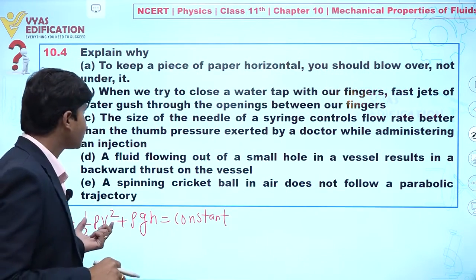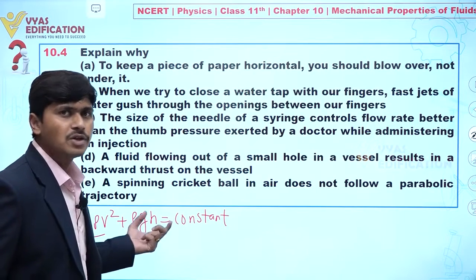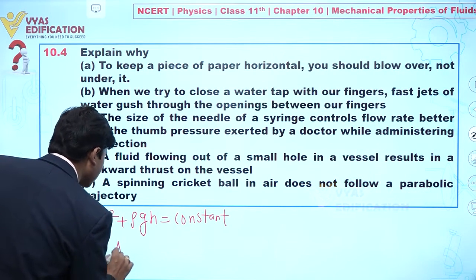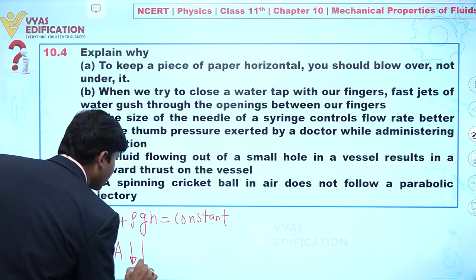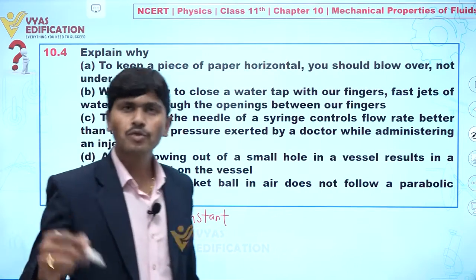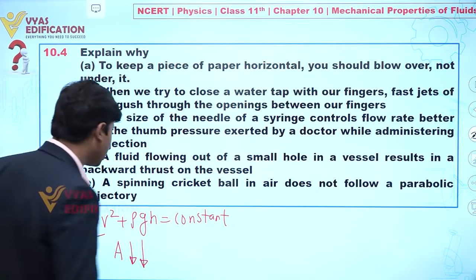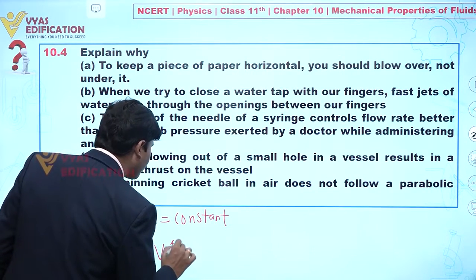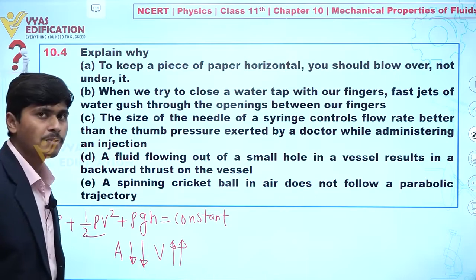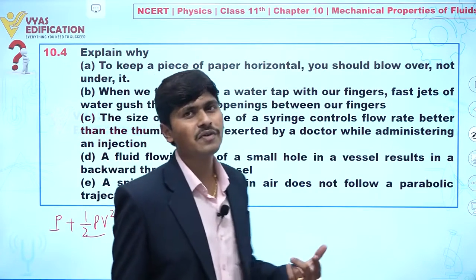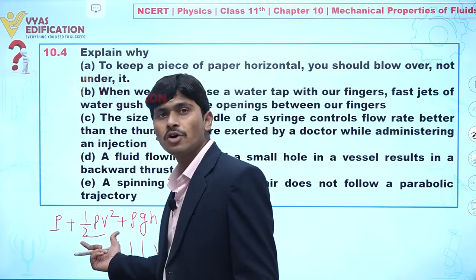But if we are talking about a needle, the area through which the liquid is coming out is very small, so velocity will be more. Since we have the square of velocity here, this factor is more, clear?